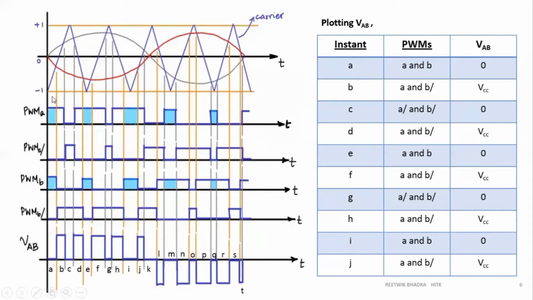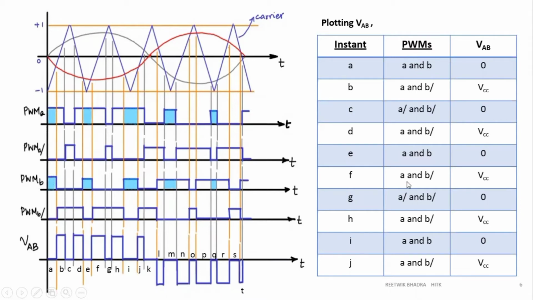Now how is it done? For the first instance A, you go to this figure with PWM A bar, B, and B bar. Which is high? That means PWM A is high during this period, and during this period B is also high. So I can say PWM A and PWM B are high.